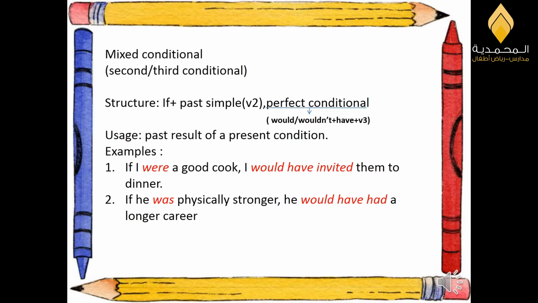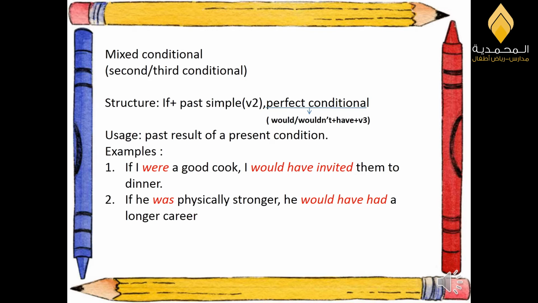Okay, guys. Now, let's look at the second structure. The second structure says I have to use if plus simple past. When I say simple past, I mean verb 2. So the result clause has to be a perfect conditional. What do I mean by perfect conditional?